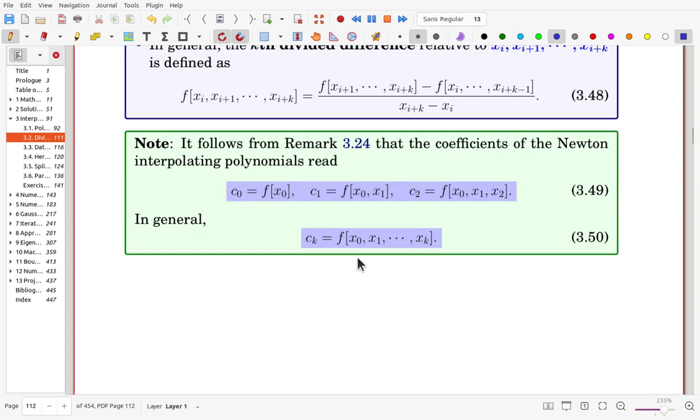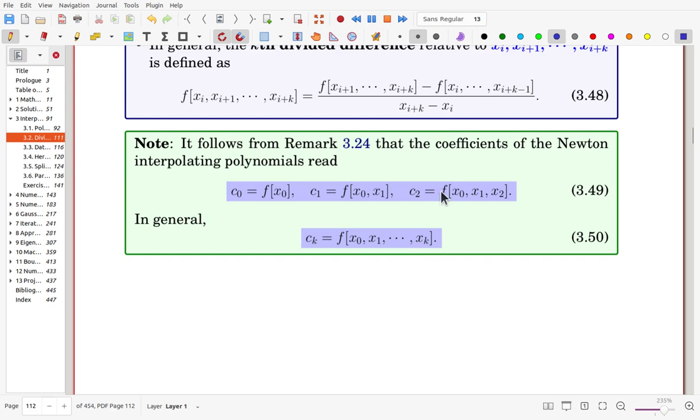When we do that, the coefficients c0, c1, c2 are the zeroth order divided difference with respect to x0, and c1 is the first divided difference with respect to x0, x1, and so on. In general, ck, the coefficient of the kth order term, is the kth divided difference with respect to x0 to xk.